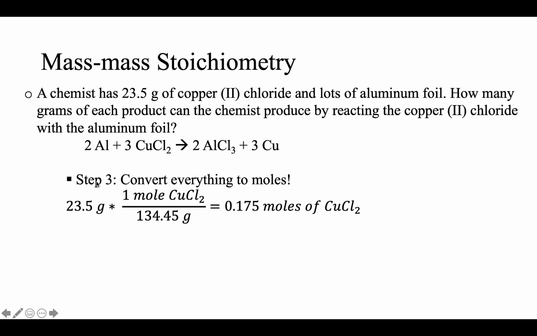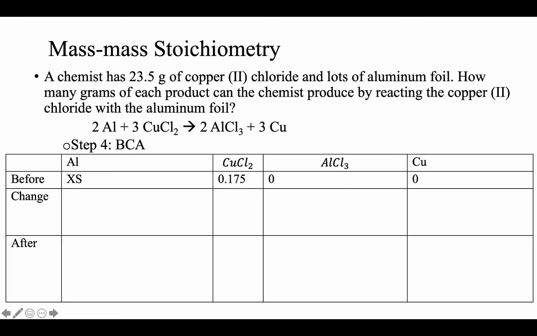So what we have to do first is convert the number of grams into number of moles by dividing by the molecular mass of copper 2 chloride. That will give you 0.175 moles of copper 2 chloride. Then after you've done so, you can finally put your information in your BCA table.